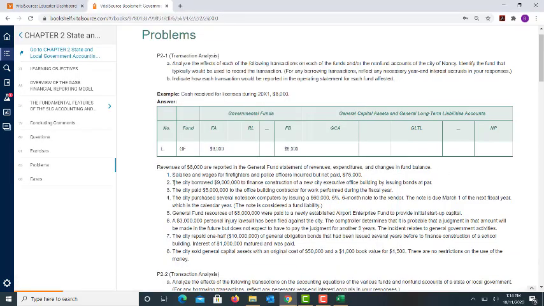So the first problem here says, and we're just going to go ahead and ignore the example that they have listed here. Number 1, salaries and wages for firefighters and police officers incurred but not paid. So in regular accounting, you know that that is basically an accrual that the firefighters worked, but we haven't paid them yet.